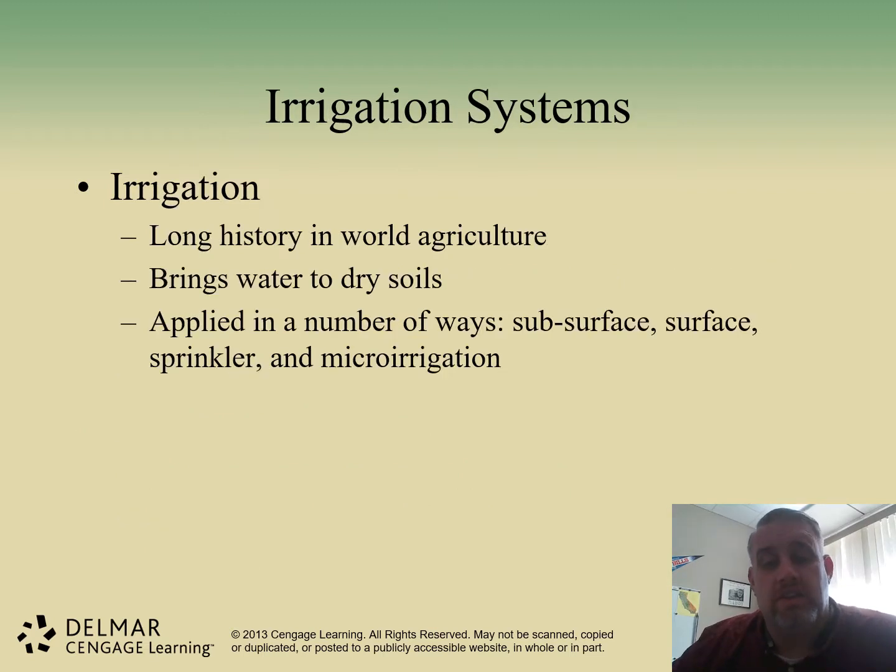So when we look at irrigation systems, this is the artificial application of water to a property for a beneficial use. This has been used in agriculture throughout the world for a long time. The Romans did it, the Greeks did it, I believe the Chinese did it, and what it does is bring water to an area where it's dry.